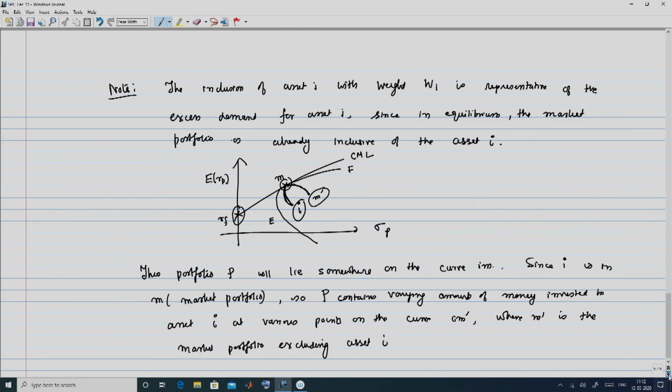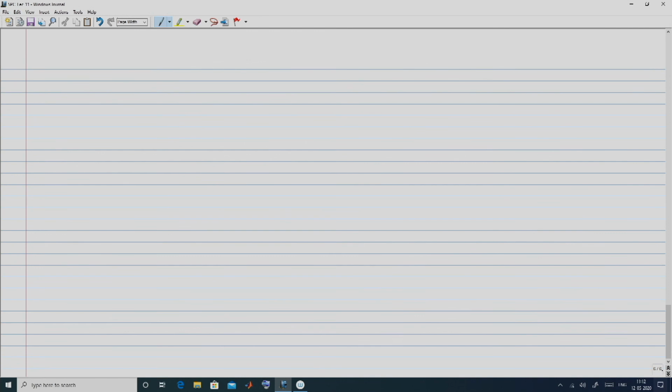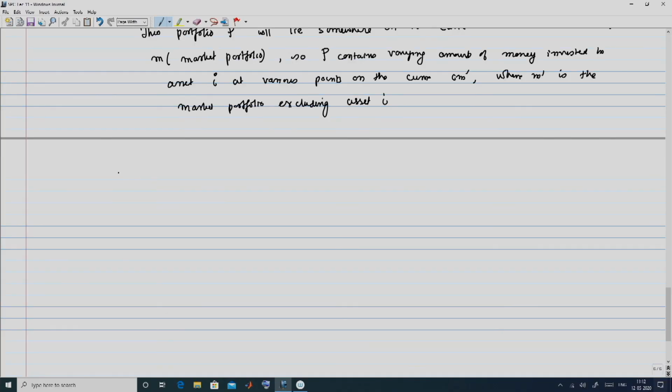All right. So, let us now look at a bit of an analysis of this curve I M prime. Accordingly, we will look at the expected return and risk. Therefore, we have ERP. This is going to be the weight WI times the expected return of the ith asset, plus the remaining weight 1 minus WI times the expected return of the market portfolio.